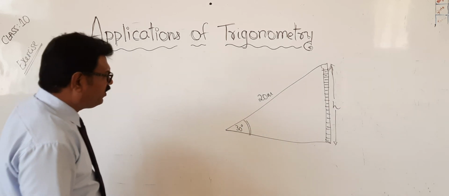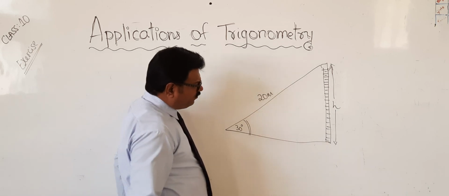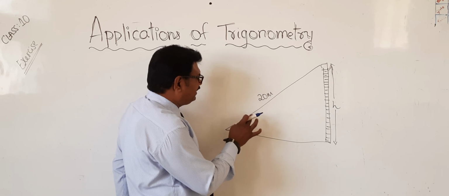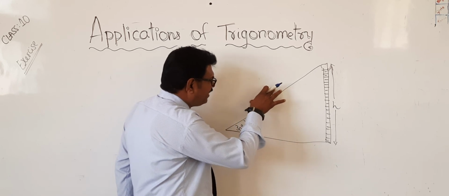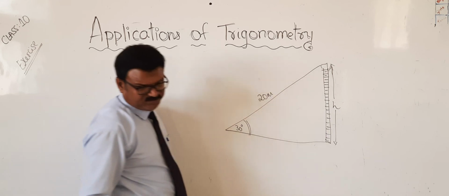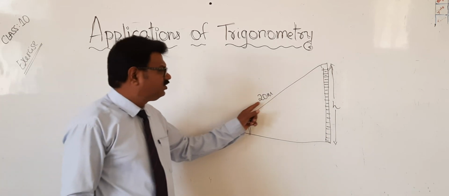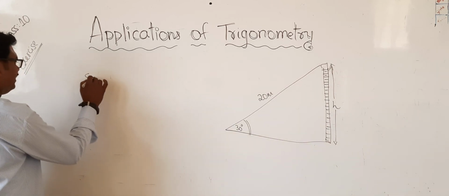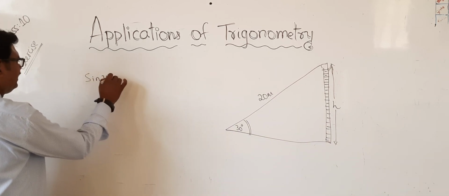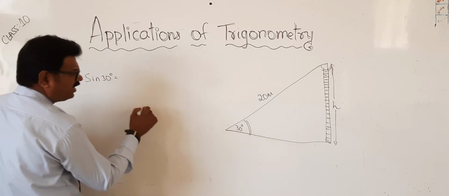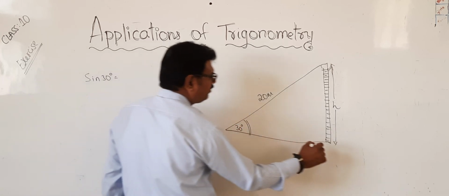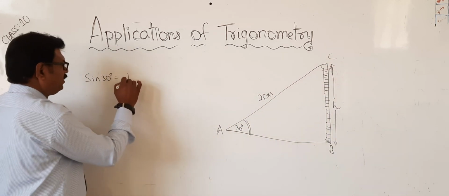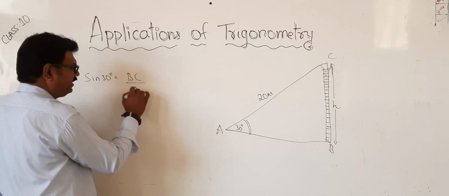Okay? Very simple. Now you see, we should choose the trigonometric ratio in such a way that it gives the hypotenuse as well as the opposite. So very simple, it is nothing but sin 30. Naming the triangle ABC, sin 30 is BC divided by AC.